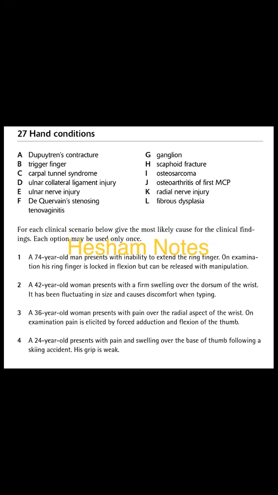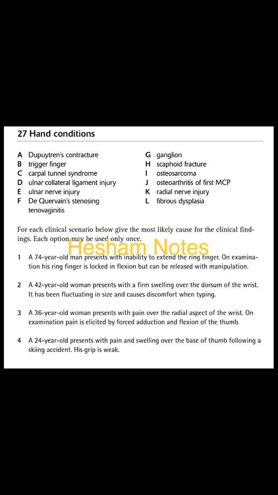Two. A 42-year-old woman presents with a firm swelling over the dorsum of the wrist. It has been fluctuating in size and causes discomfort when typing. Like de Quervain's synovitis?